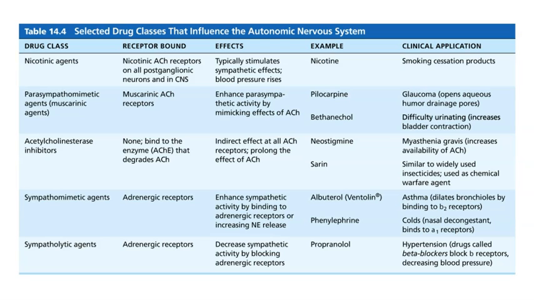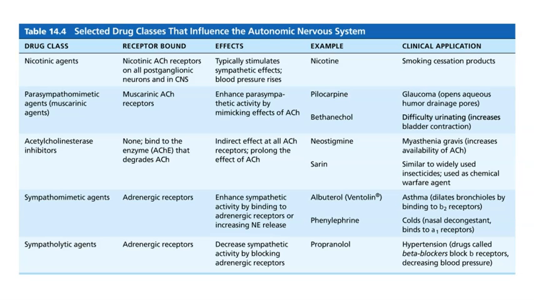And also other types of compounds that make use of acetylcholinesterase inhibitors are things like insecticides. So that's why they kill insects, because it affects the acetylcholine in the neurons of insects.